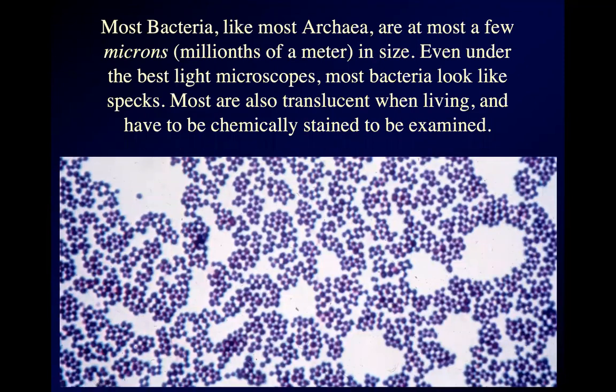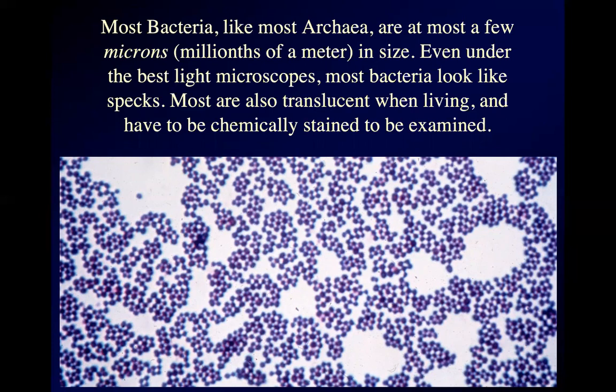Most bacteria are at most a few microns in size, and even under very good light microscopes, they look like this. Each one of these little purple dots is a single bacterial cell. And you can tell there's not a great deal of detail that we can make out using light microscopes. Most bacteria, not all, are translucent when they live.